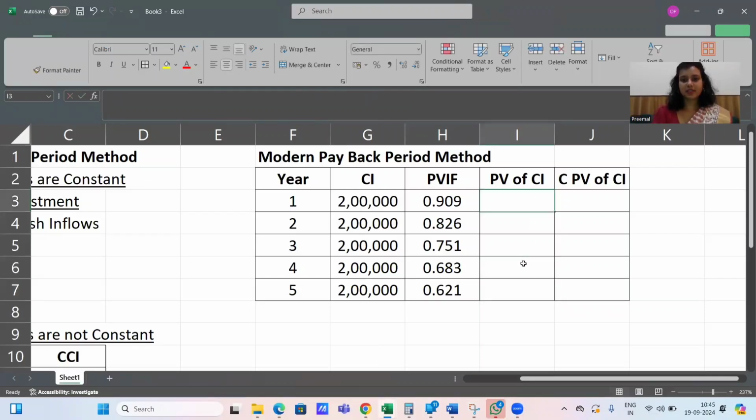Now that I have my present value interest factor at 10%, all I have to do is multiply my cash inflows into the present value interest factor. And I do this for all the 5 years. Once you've calculated the present value of cash inflows this way for all the 5 years, find out the cumulative of this.